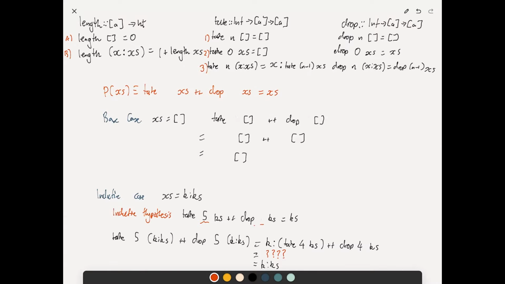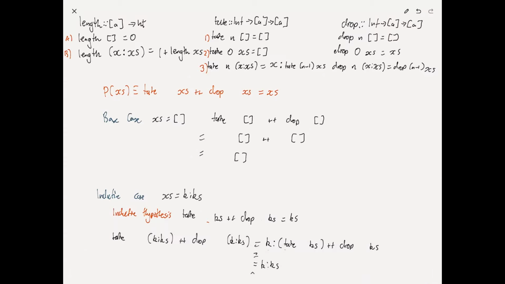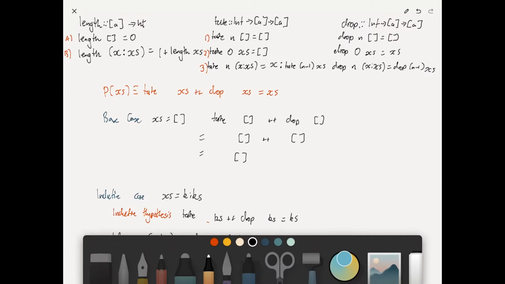And instead of 5, my property is now, actually I will erase a bit more just to make it very clear.